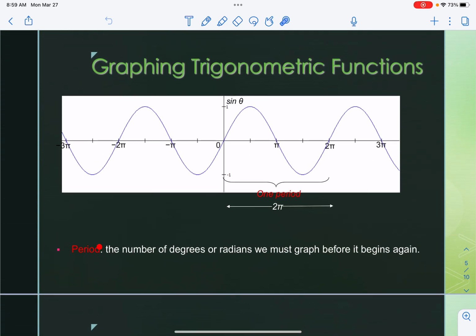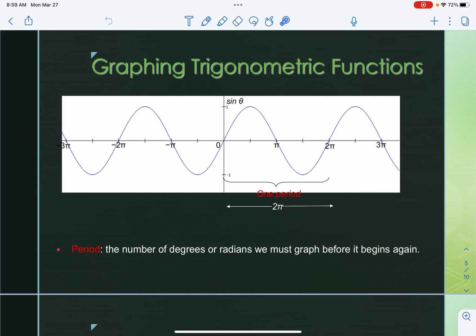The next thing we're going to do is find the period. If you remember when we talked about the graphs and when it starts to repeat, when we're looking at the unit circle, it starts to repeat after every 2 pi. So the period for a regular sine function without any transformation is going to be 2 pi.